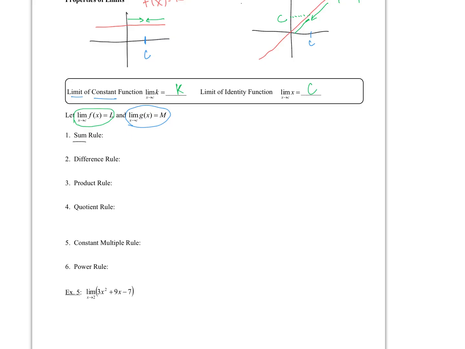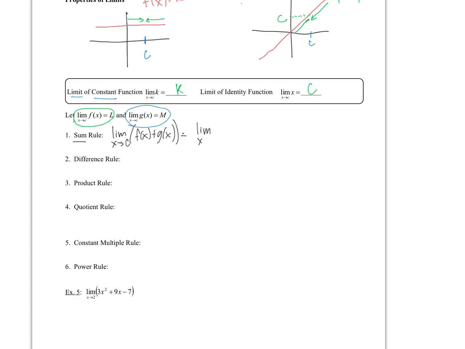So let's write down our notation. The limit as x approaches c of f of x plus g of x. Okay, so the sum rule, in essence, is telling you that the limit of the sum is the sum of the limits. In other words, I can separate it.